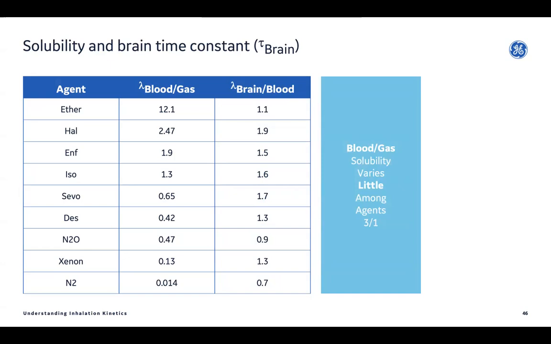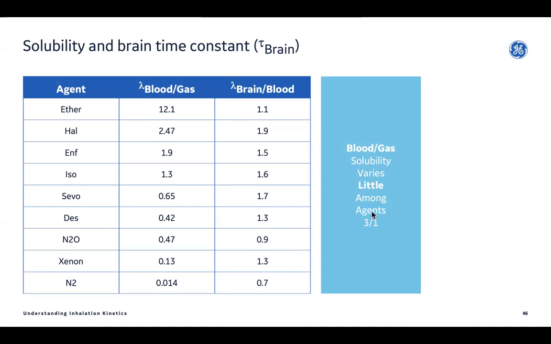If we look at the solubility and the brain impact, we're looking at the brain-blood solubility and a time constant that arrives therefrom. That is, blood-gas solubilities were here, but brain-blood solubilities are here.